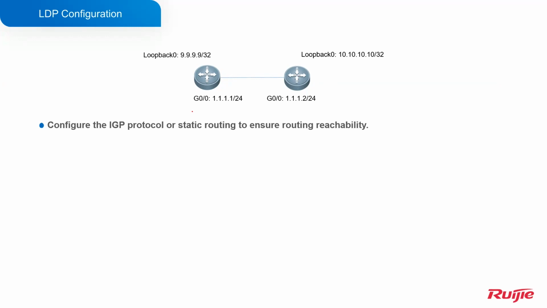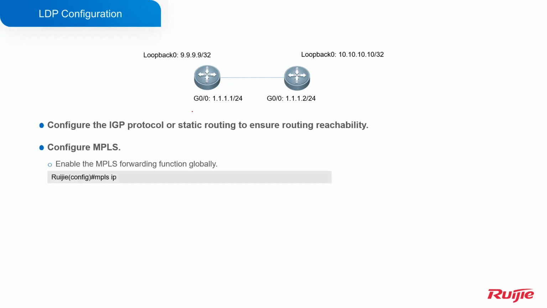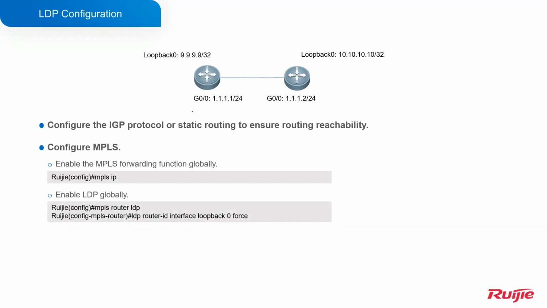Then you have to enable the MPLS protocol. You have to enable the MPLS forwarding function globally, and the command is mpls ip. This is a typical command. Then you have to enable LDP. Please pay attention, LDP and MPLS are different.